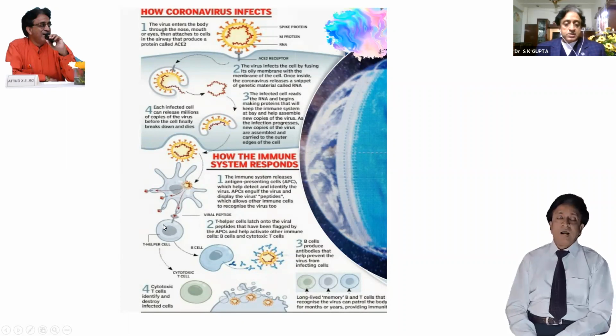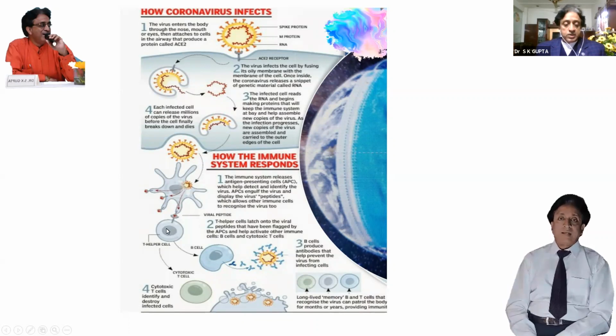This antigen is recognized by the T helper cells, which in turn recruit the B cells to produce a lot of antibodies, which in turn neutralize the virus. Also, there is a cytotoxic T cell response, and these cells, once they are recruited, are able to kill the cell which has a number of viral copies.